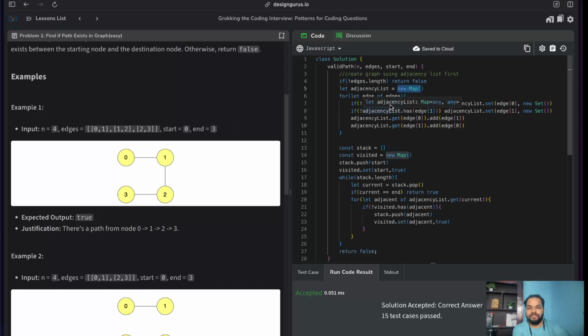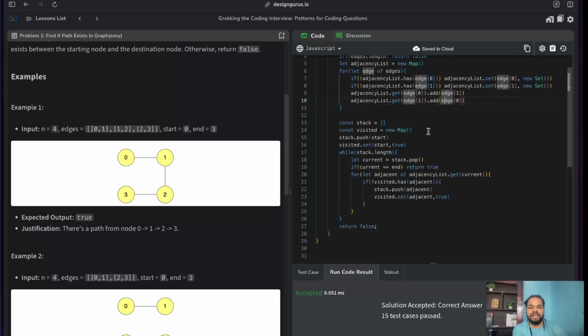If this edge's first or second vertex is not present in the list, then add them and initialize with an empty set. And as they are there, we can add the adjacents to them. So 0's adjacent is 1, 1's adjacent is 0, so we are adding them to it.